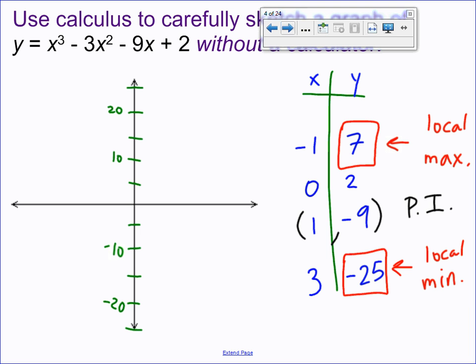My x value scale, though, is going to be somewhat zoomed in. It looks like I only have from negative 1, 0, 1, 3, so maybe negative 5 to 5 will be okay.